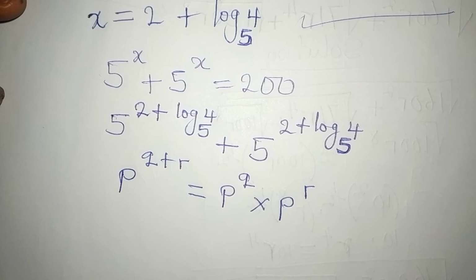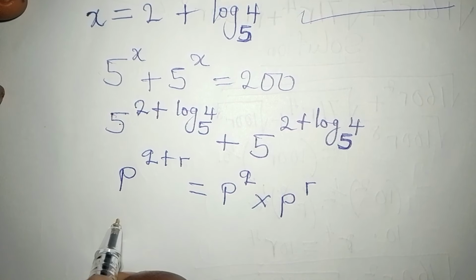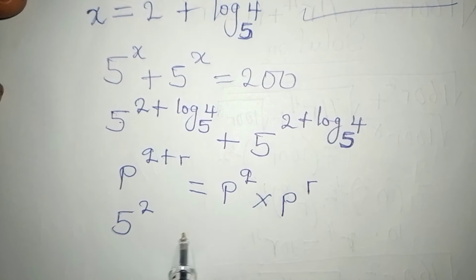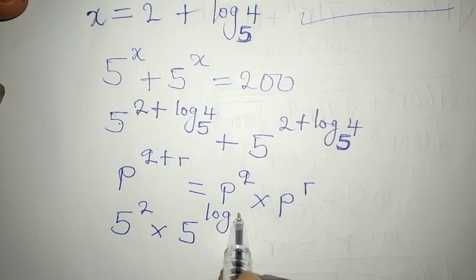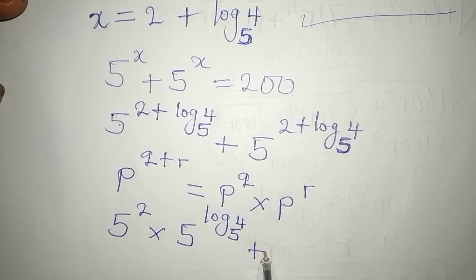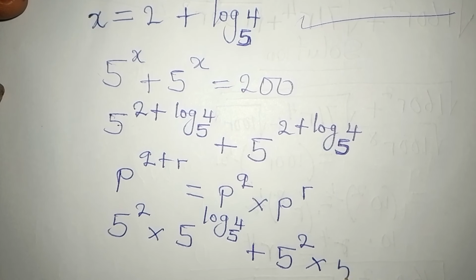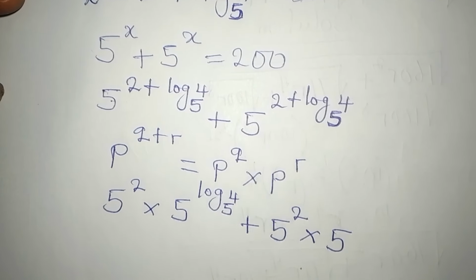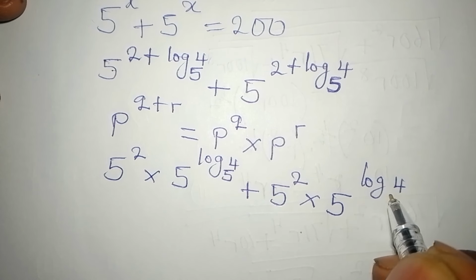So that if this is correct, then what we have here can be written as 5 squared times 5 to the power of log 4 to base 5. Then plus 5 squared again multiplied by 5 to the power of log 4 to base 5.